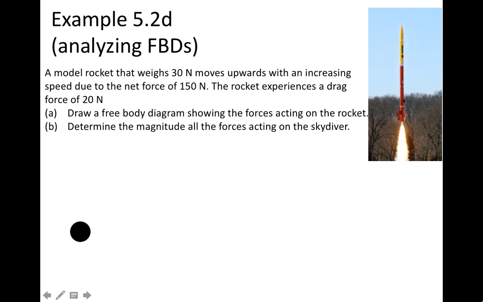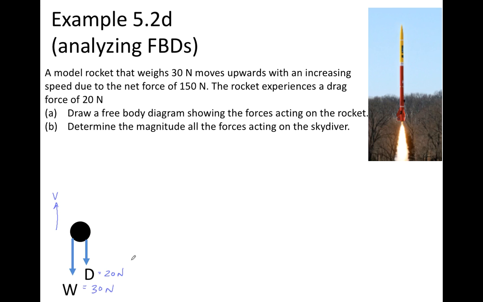So here's the rocket, and the rocket has a weight force that acts downwards, and we're given the value of that weight force as 30 newtons. Because the rocket is moving upwards, that drag force is going to be acting downwards. Drag force always acts opposite velocity. And again, we know the magnitude of that drag force is 20 newtons.